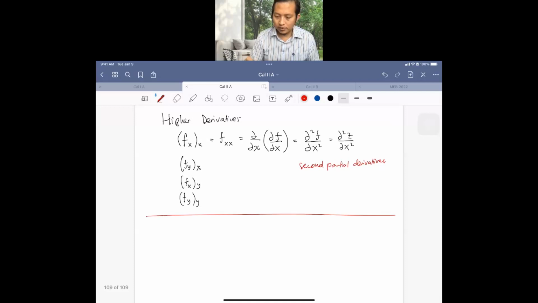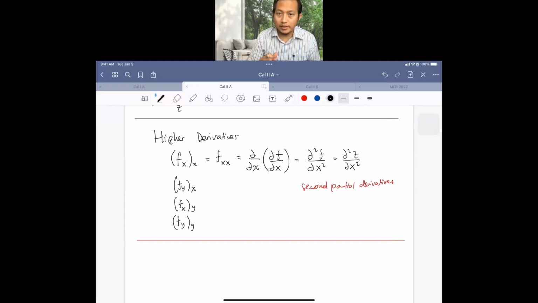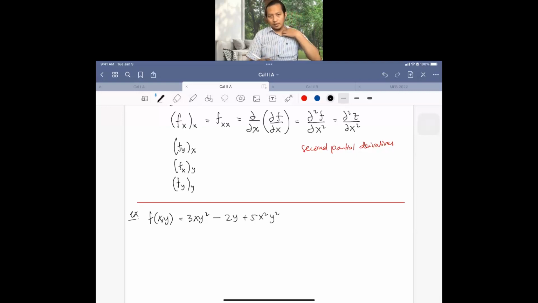To give you more context on how we apply this higher derivative, or second partial derivative, let me go through an example f of x, y. The question is finding the second partial derivatives, all the possibilities.